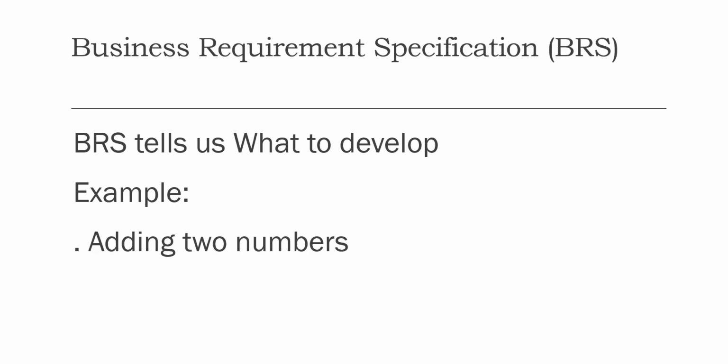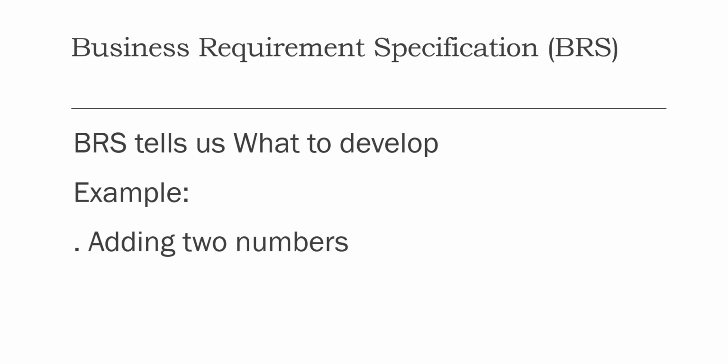It is a formal document, and the BA or PM get these requirements from the investors, the client or the customer. Many people call this BRS the CRS, that is, customer requirement specification. They get the requirements from the client through phone calls or verbally through meetings, and they document them.